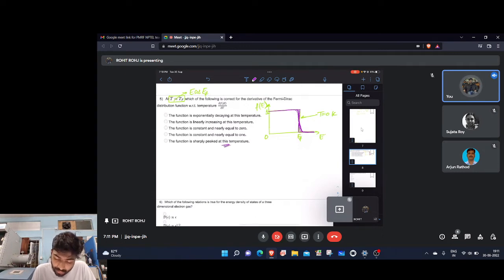This means temperatures where the ratio to Fermi temperature is approximately 10⁻². In this regime of temperatures, the Fermi function distribution is sharply peaked. So the correct answer for the present question would be the function is sharply peaked at this temperature.